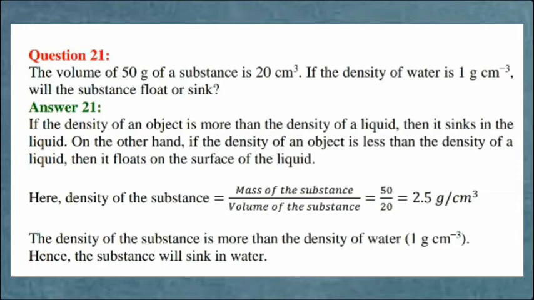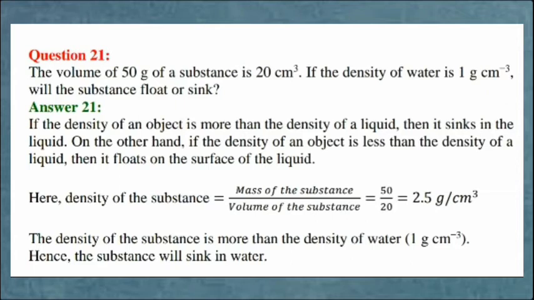To find the answer of this question, let us calculate. If the density of an object is more than the density of a liquid, then it sinks in the liquid. On the other hand, if the density of an object is less than the density of a liquid, then it floats on the surface of the liquid.